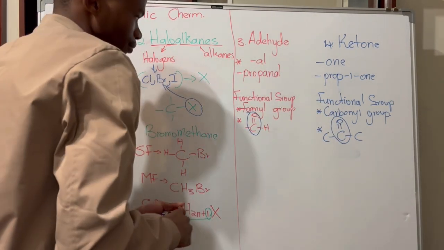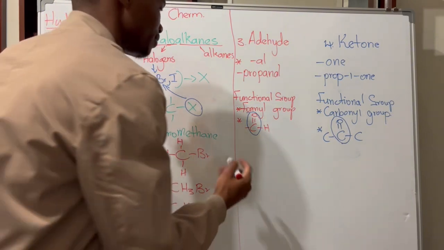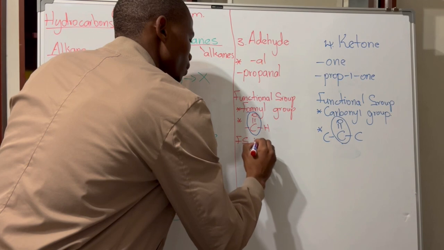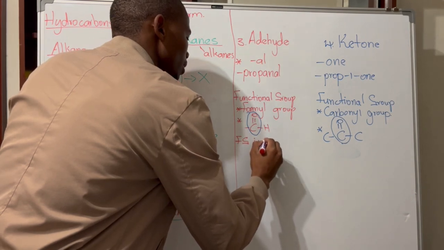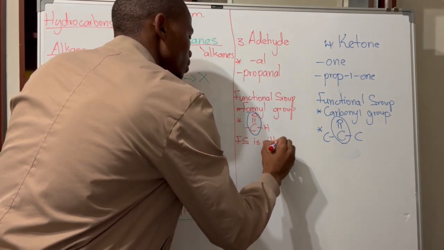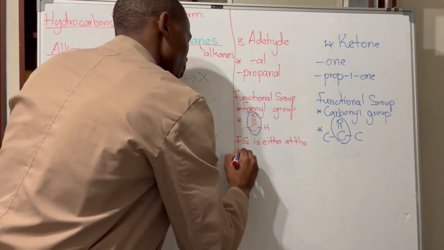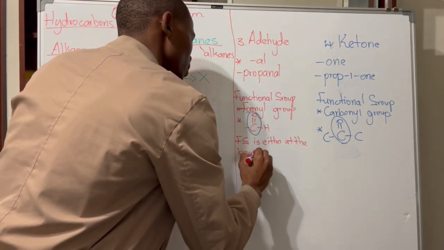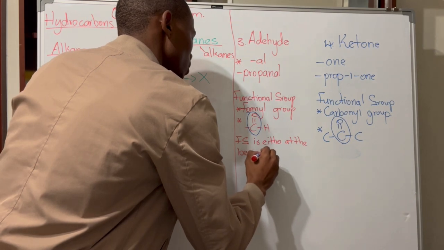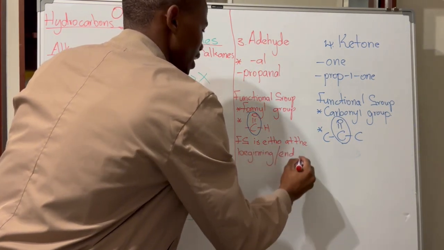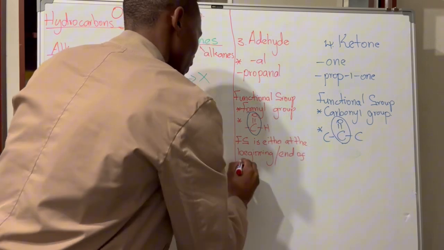The difference here now is that this carbonyl group on the aldehyde, or this formyl group on the aldehyde, is at the end or at the beginning of the structure. So the functional group is either at the beginning or end of a structure.